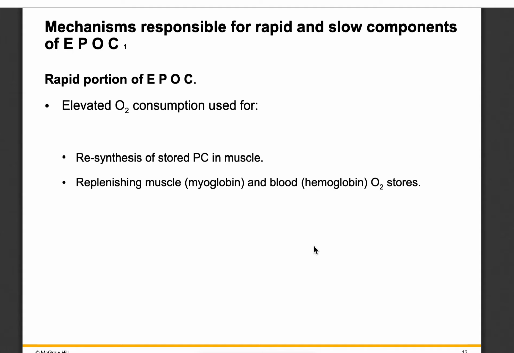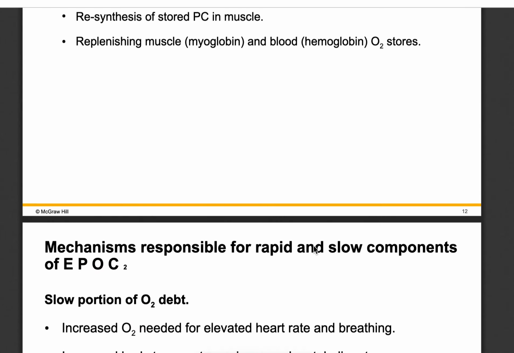It's also used to replenish muscle myoglobin. This is the carrier in your muscles that holds oxygen. You've got hemoglobin in the blood that carries oxygen, and myoglobin in the muscles. Those can become depleted, and so in this rapid EPOC portion, we're restoring your oxygen stores throughout your blood and your muscles, again in case you have to do exercise again very quickly.